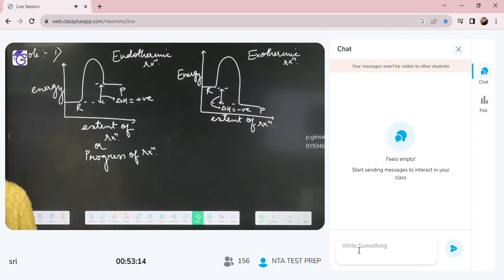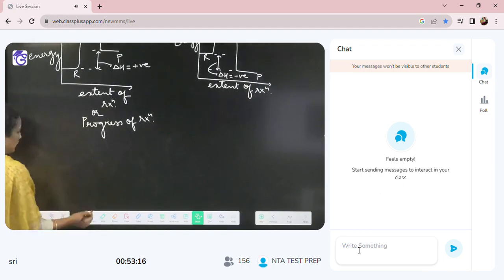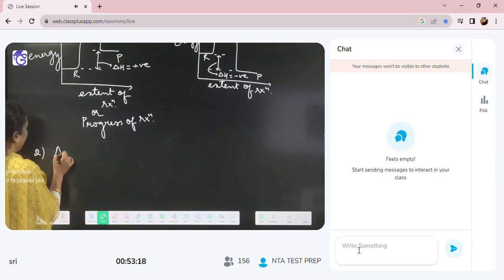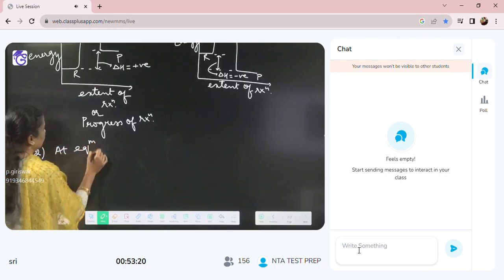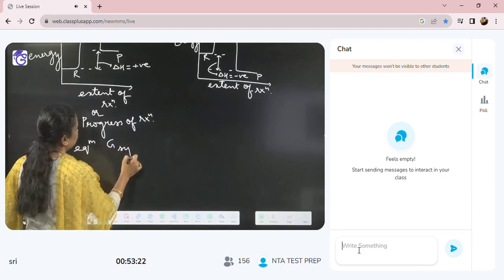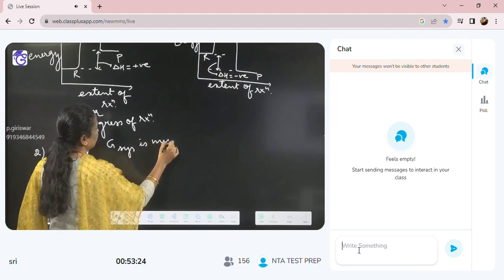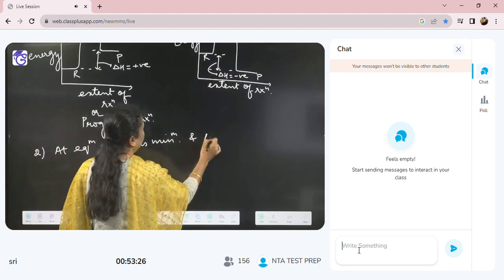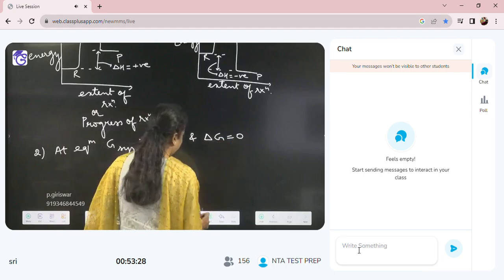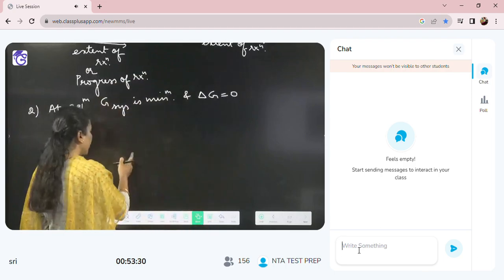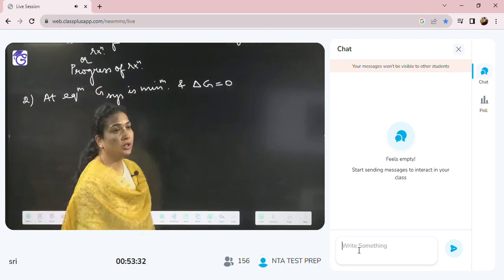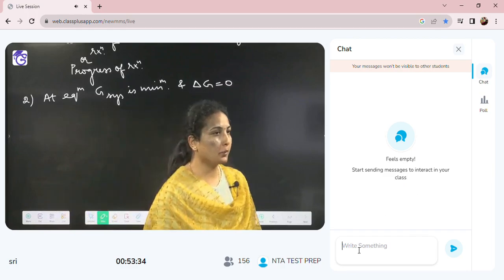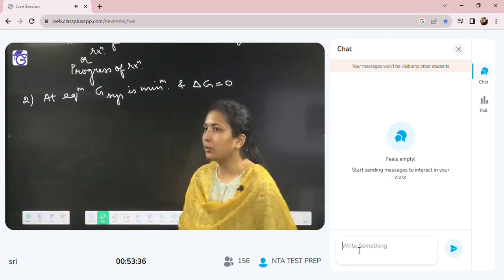Done. Now the other point I am writing here is that at equilibrium, G system is minimum and delta G is equal to 0. We have already understood delta G equal to 0 from the T delta S universe concept. Now let us try to understand G system.